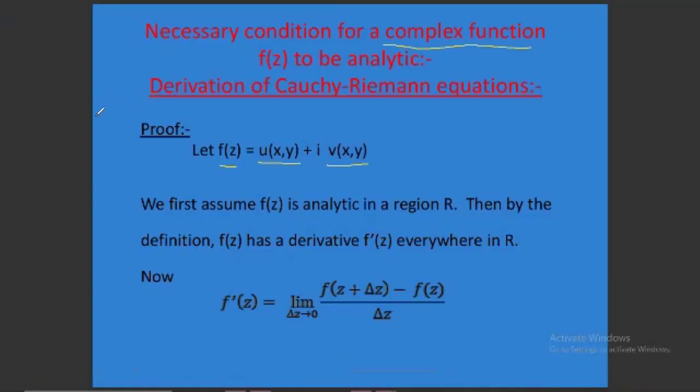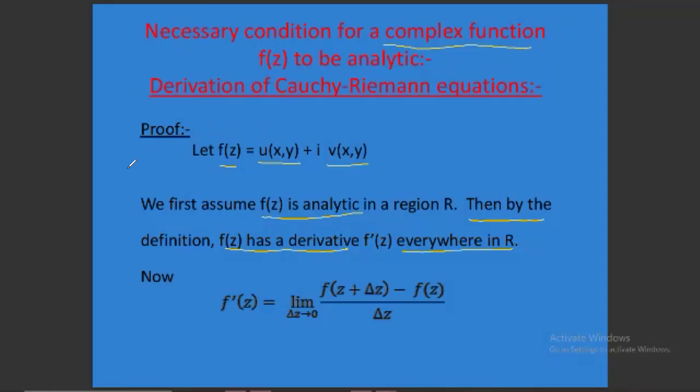We first assume f of z is analytic. If it is analytic, then by the definition it has a derivative. What is the derivative of f of z? It is f dash of z, existing everywhere in R.